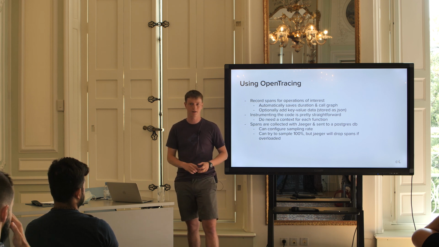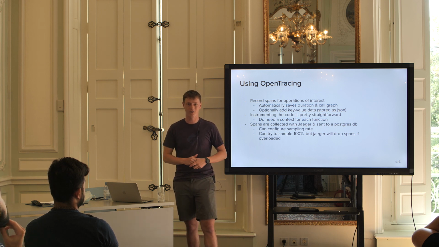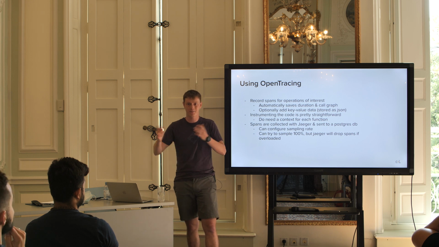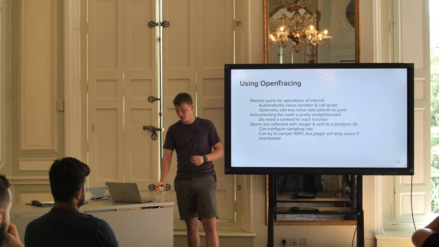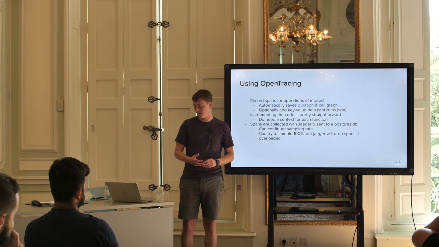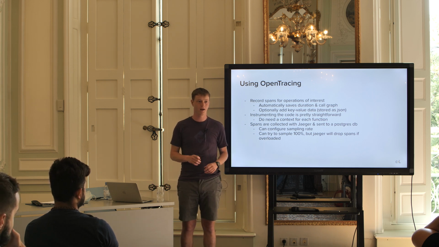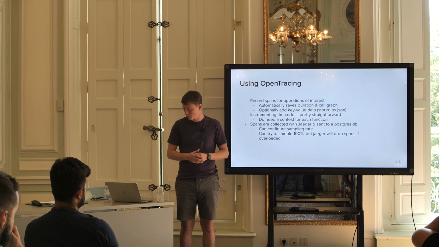And then instrumenting it is not that hard. It takes a little amount of time and you have to pass contexts everywhere, but once you do that, it's pretty much done. And some of the mechanics is that I collected them with Jaeger. There's other tools here as well that you could use, and then sent them to a Postgres database just to save them all.